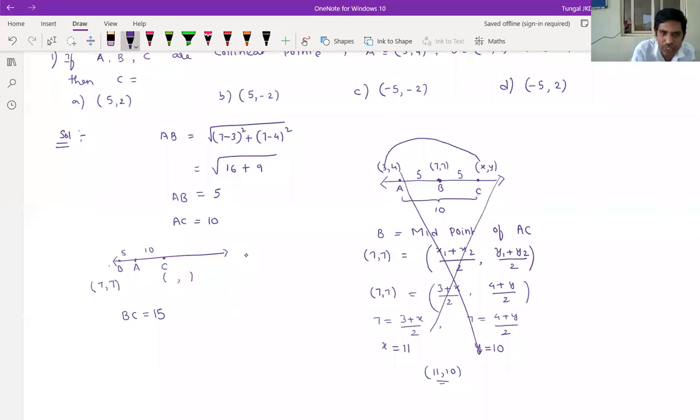AB distance is 5 units and AC distance is 10 units. Now the C point we have to find out. The B point we have, the C point we have to calculate. Actually, a ratio section formula we have to apply. Else we can also go through option verification, whether the distance will be 15 or not.